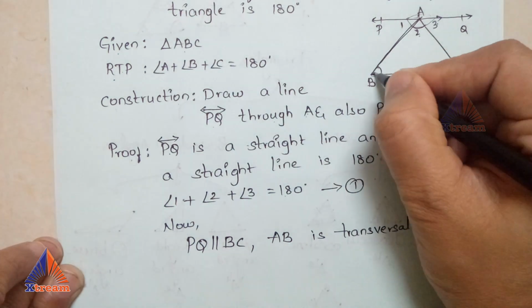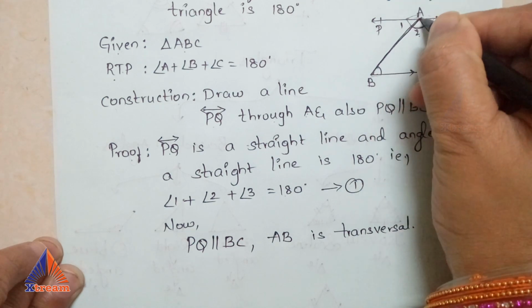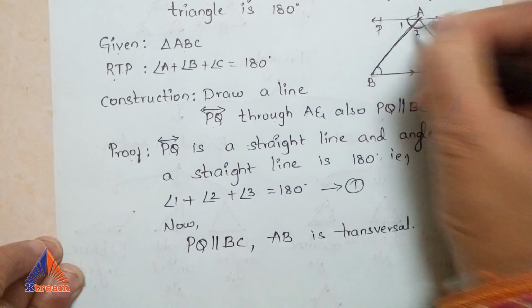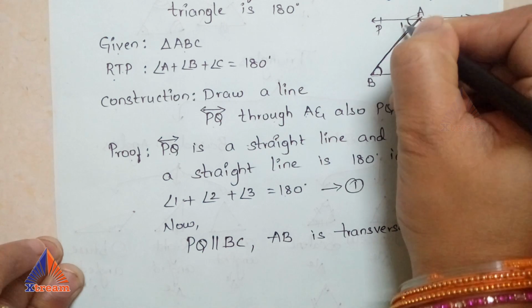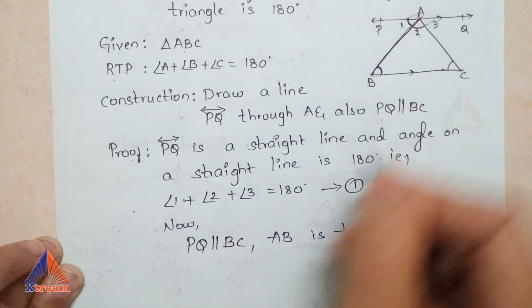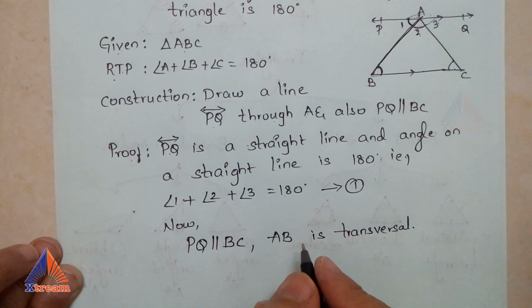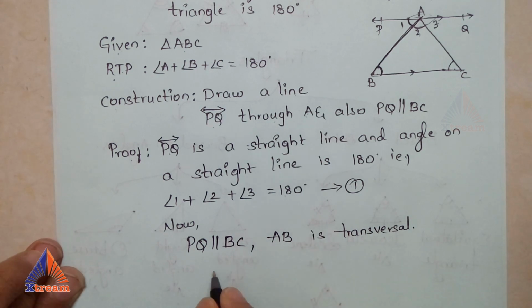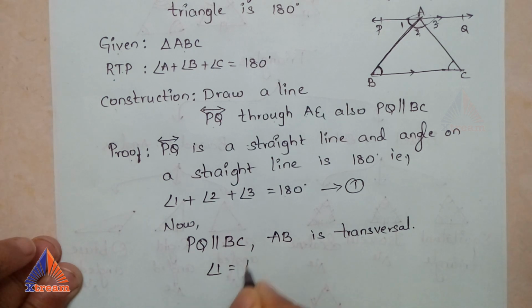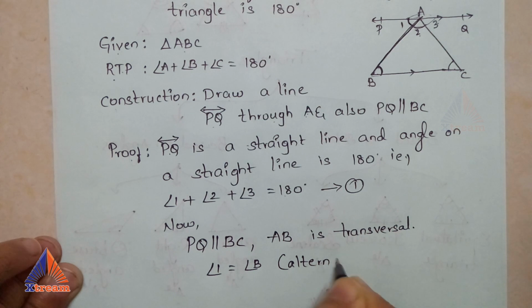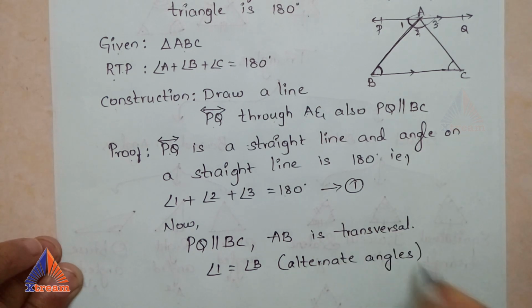If I consider this as the transversal, can you observe this angle 1 and angle B? These are called alternate angles, and for parallel lines, alternate angles are equal. So I can write here, angle 1 is equal to angle B because they are alternate angles. This is one set of angles we get.